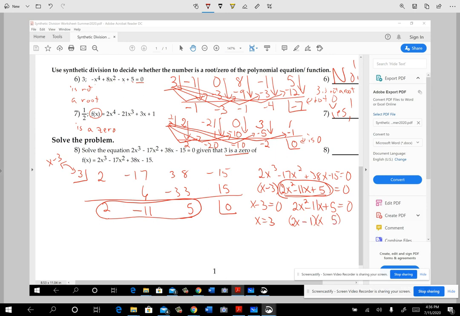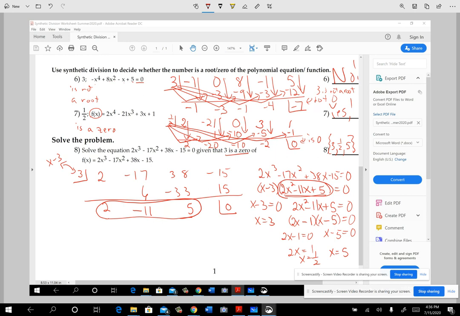If I make them both negative, it's looking pretty good. Double check that, and then I would just continue setting those equal to 0. Could have used the quadratic formula here, and sometimes I'll have to. But here I get x is 1/2 or x is 5. Okay, so we knew 3 worked, but what we also found was that 1/2 and 5 were other zeros.